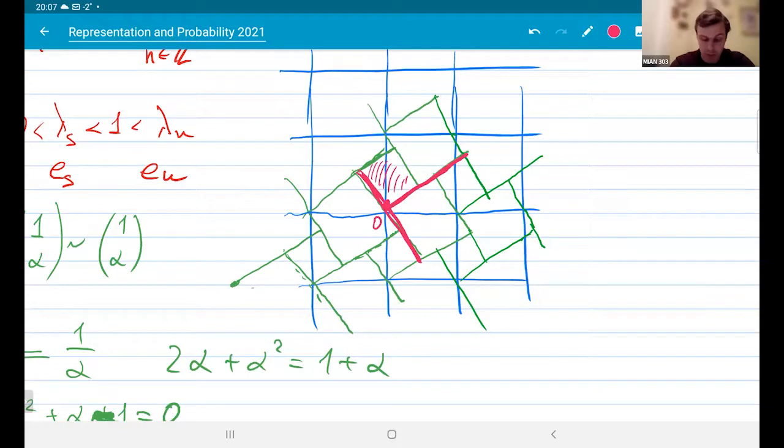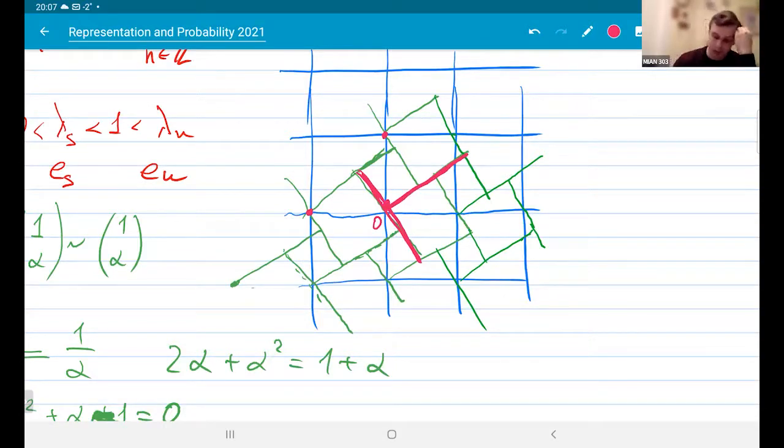Что мы можем сказать про его стороны? Две стороны понятно: они идут вдоль ЕУ и ЕС из нуля. А две другие выходят из вот этих точек, в соответствующих направлениях. Для образов они будут идти из образов этих точек ровно в тех же направлениях.